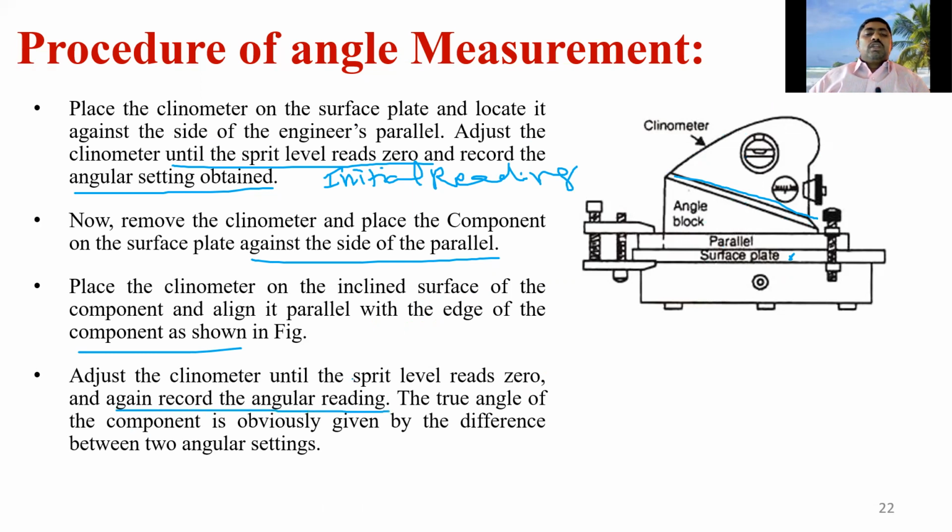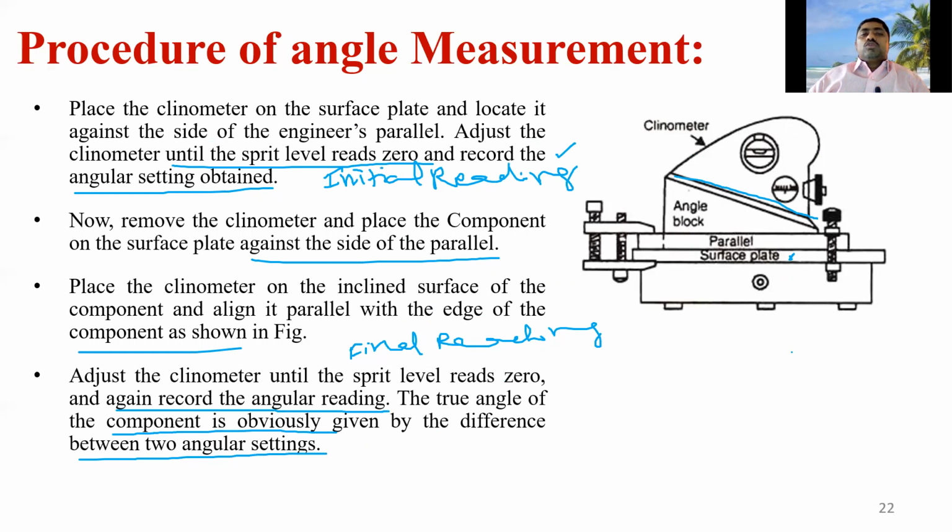This is the final reading. The true angle of the component is obtained by subtracting the initial reading from the final reading.